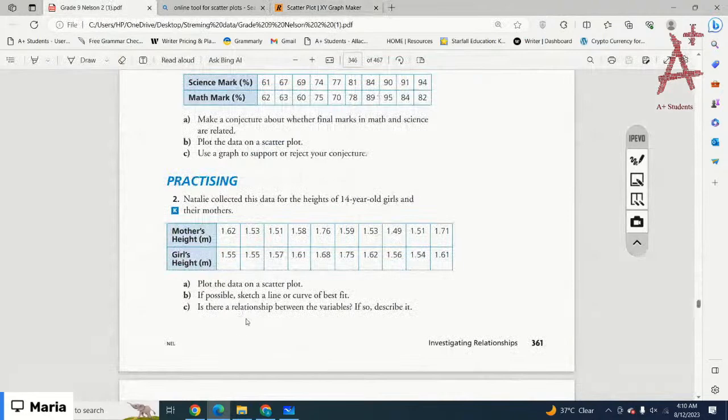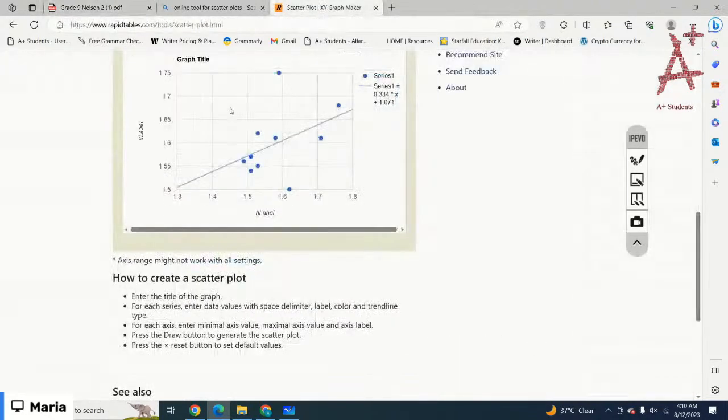The C part is, is there a relationship between the variables? If so, describe it. You have to see the relationship between the variables, right?